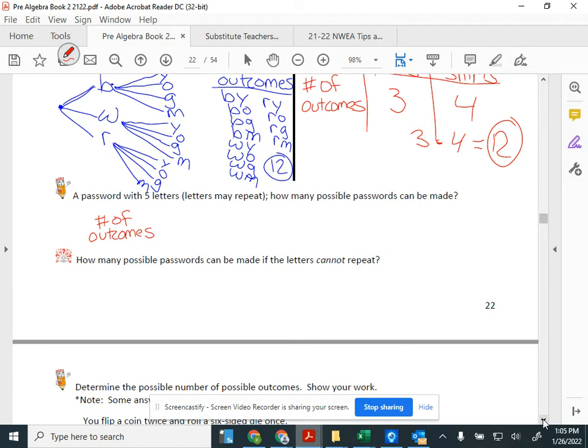So we don't need to do the probability tree if it's not asking for the actual passwords. We just need a number. So we're going to write number of outcomes. What am I going to put at the top? Maddie? L1, L2, L3, L4. Yep. L1 for letter 1, letter 2, letter 3, letter 4, and letter 5.